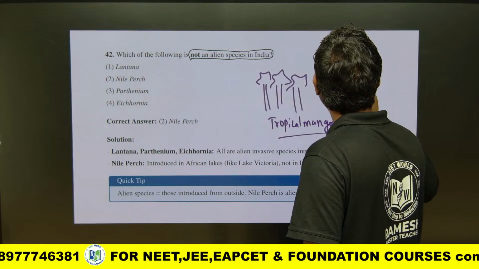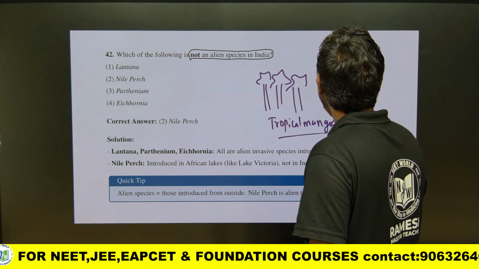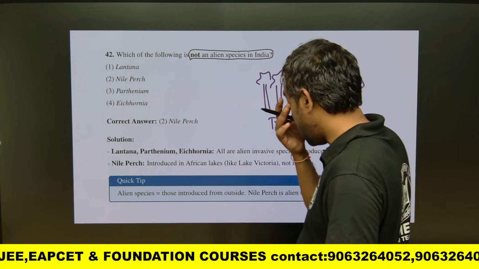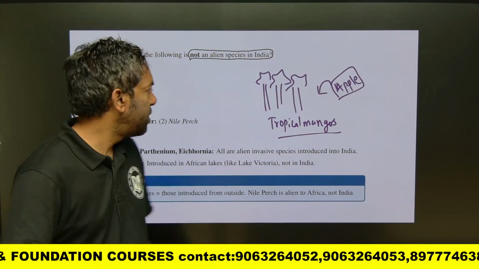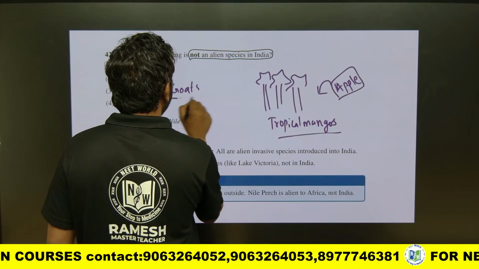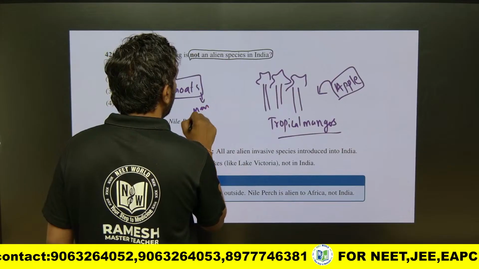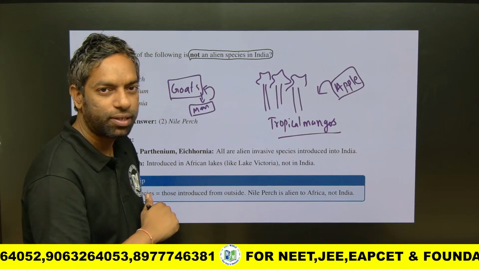If apple trees come, this is an alien exotic species. Of course, another example: in India there are certain goats that can be eaten by man, like in tropical countries.